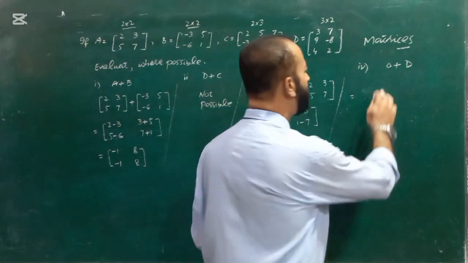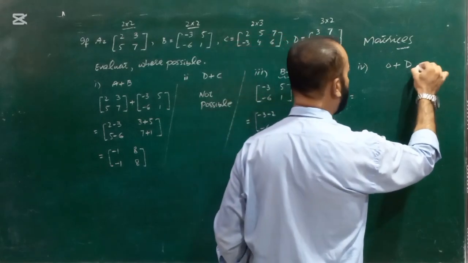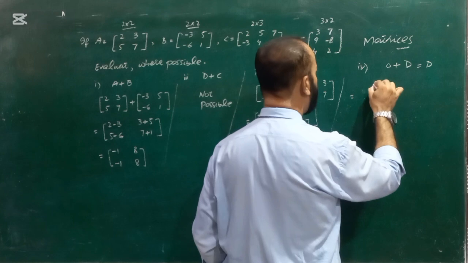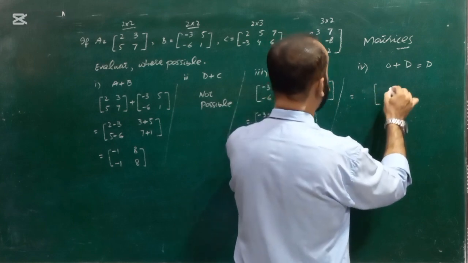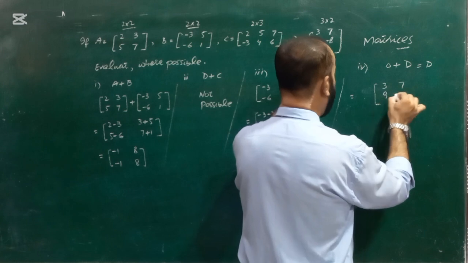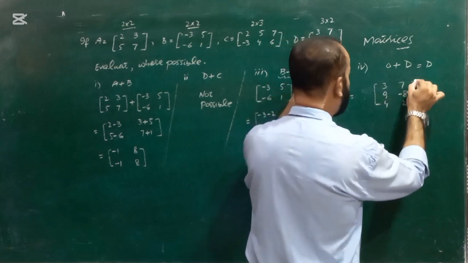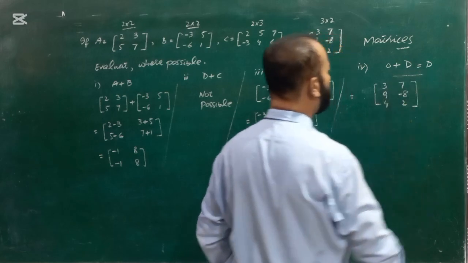So look now, when 0 is added with D, the answer will be D. And the D matrix is this one, 3 7, 9 minus 8, and 4 2. So this is the answer of this matrix.